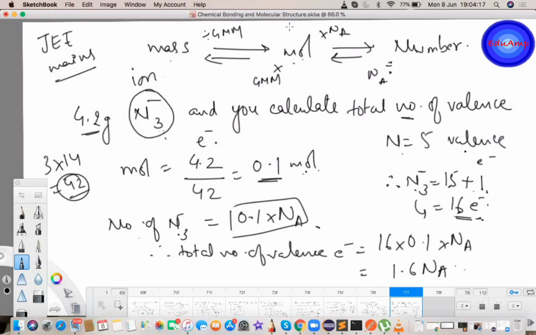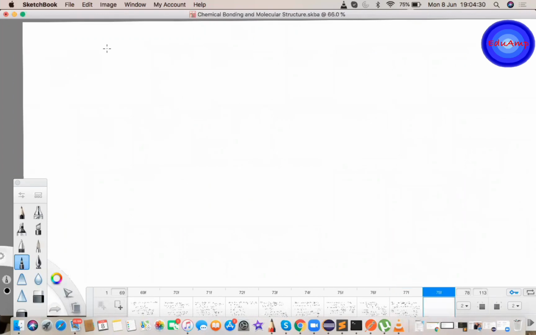I'll give you a question to solve, so you will get practice on this. Okay, fine. Mahesh understood the question. Now try to solve this question. 6 gram of carbonate contains how many electrons?